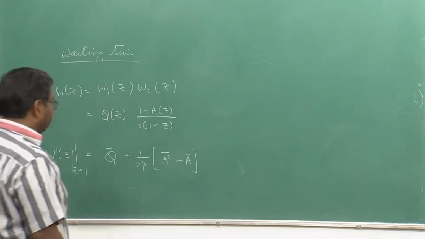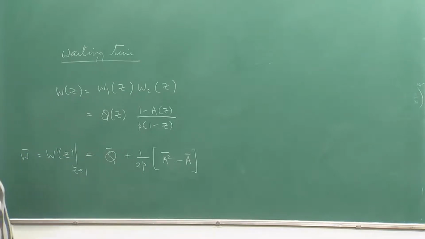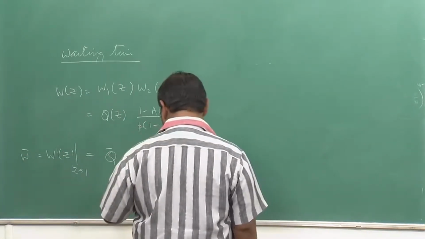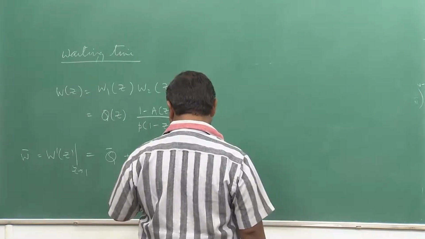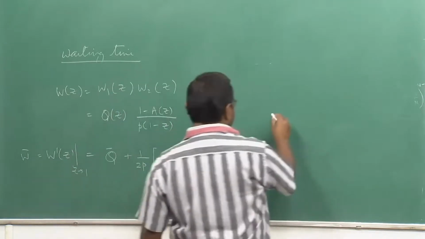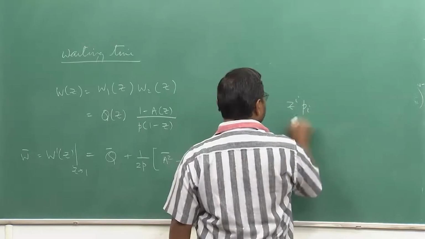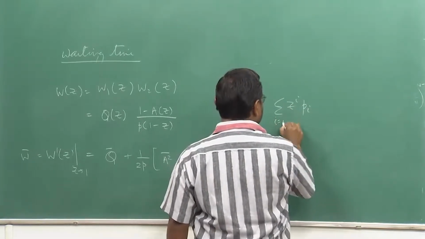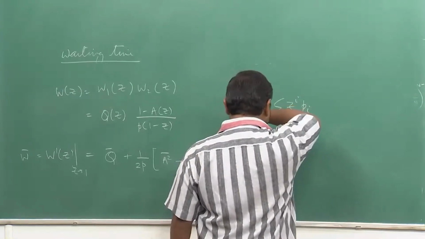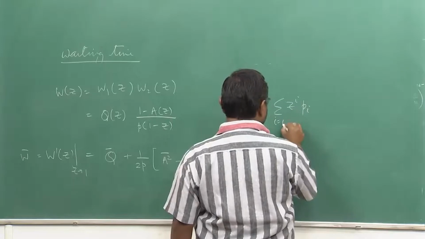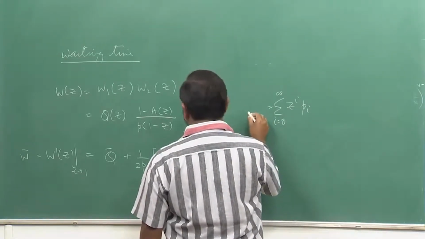Okay. So you can always get it, so this one actually comes from when you have z and you have pi, so this is a z transform actually.